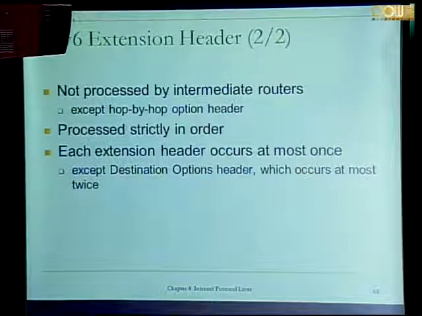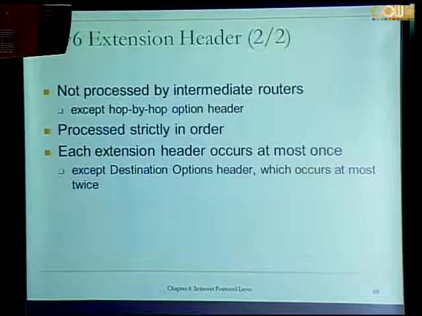However, these extension headers are not processed by the intermediate routers. They are only processed by the end host, except there's one exception, that is the hop by hop option header, which will be processed by the router.